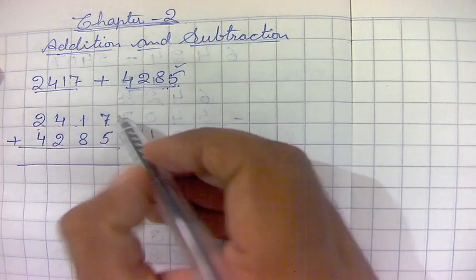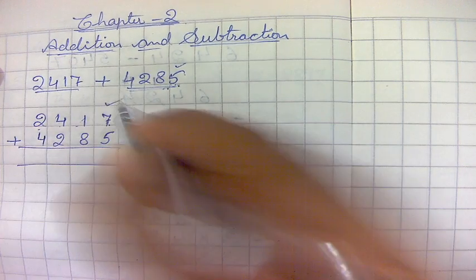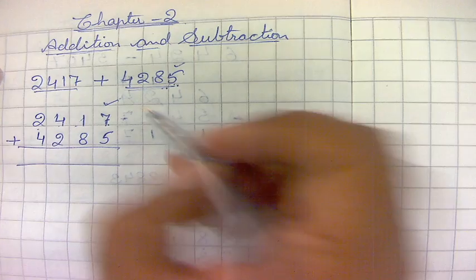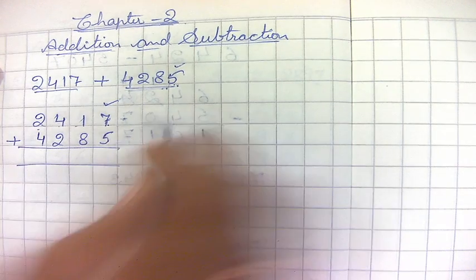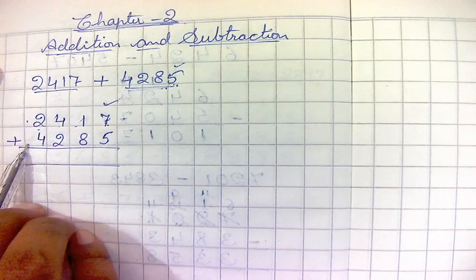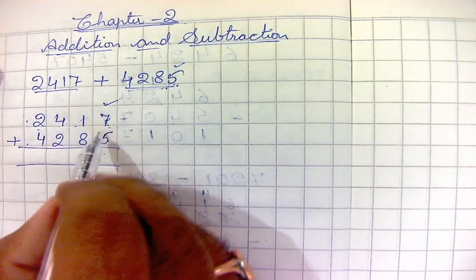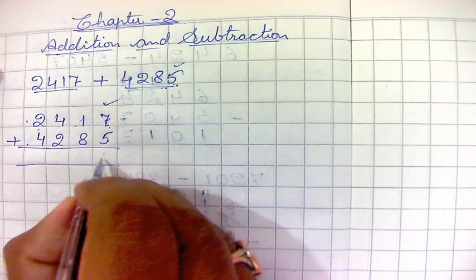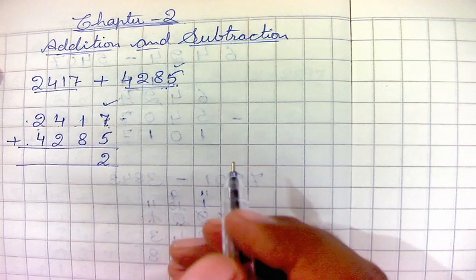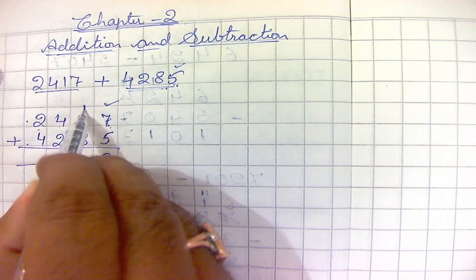So addition, again you have to start from the right side, that is ones place. So 7 plus 5, कभी भी addition को जो है left side से start नहीं करना, you have to always start it from the right hand side. So 7 plus 5 it is 12, write down 2 and 1 will be carried.